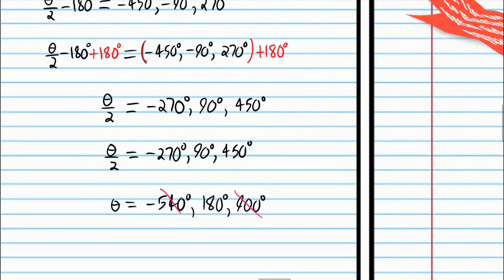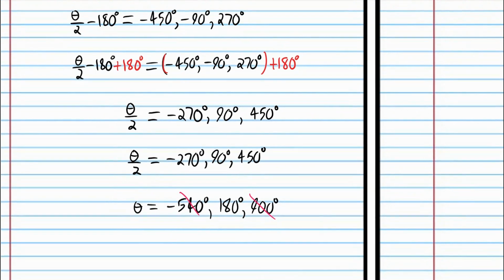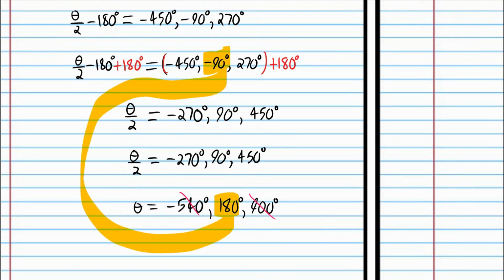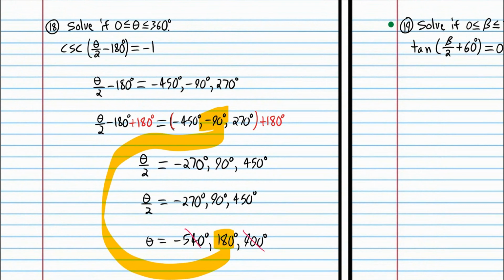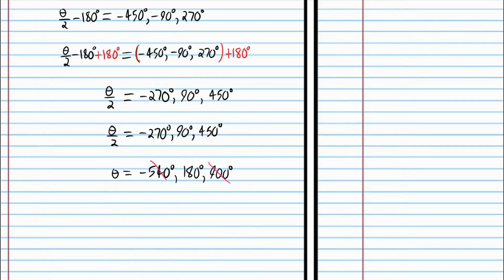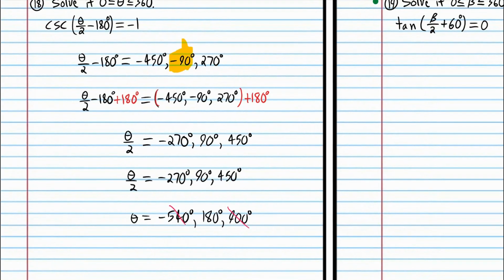So the whole point here is that we had to actually find a negative angle up here that we could plug in to give us negative 1, because once we add 180, we get a positive number.